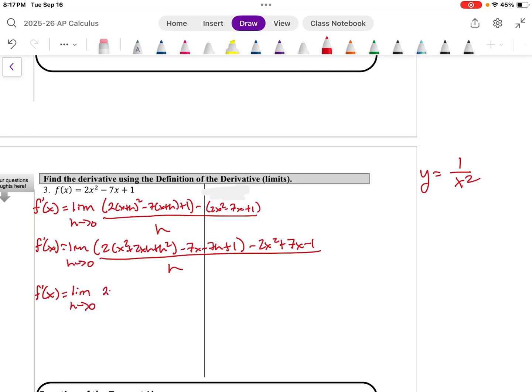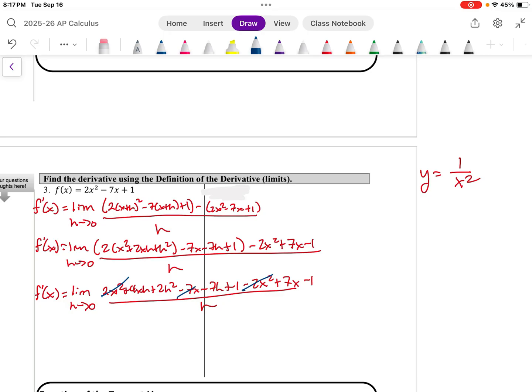So I have 2x squared plus 4xh plus 2h squared minus 7x minus 7h plus 1. Then I have minus 2x squared plus 7x minus 1, and that's all over h. Now I'm ready to cross out or combine like terms and so forth. So the 2x squareds cancel.